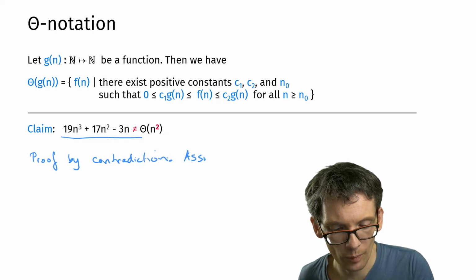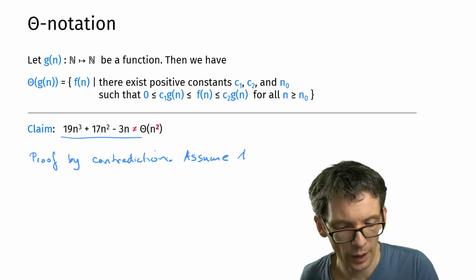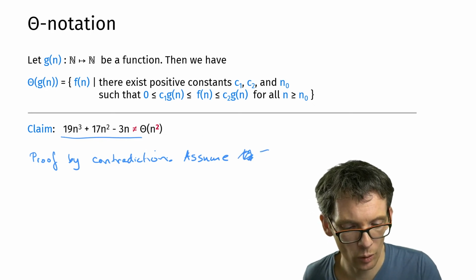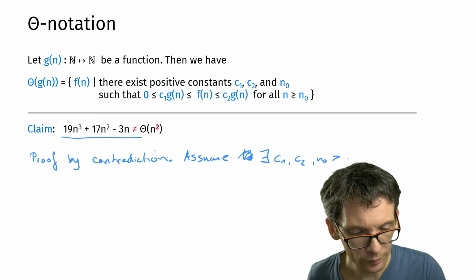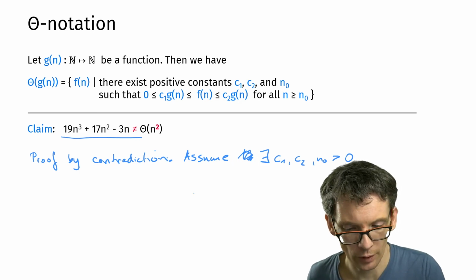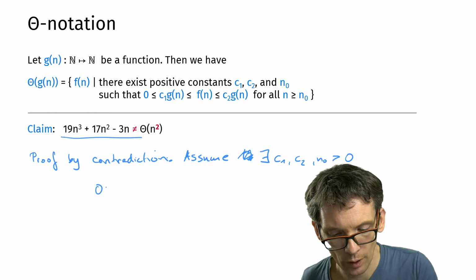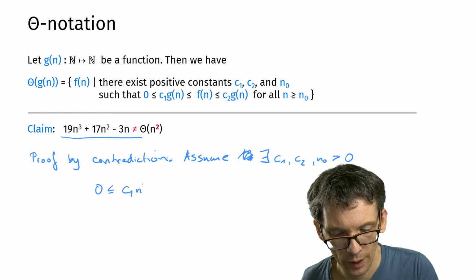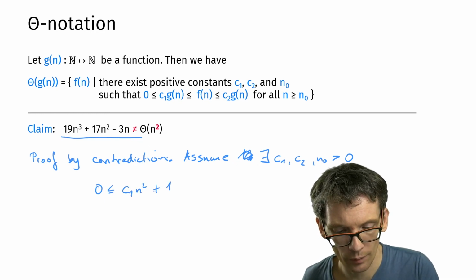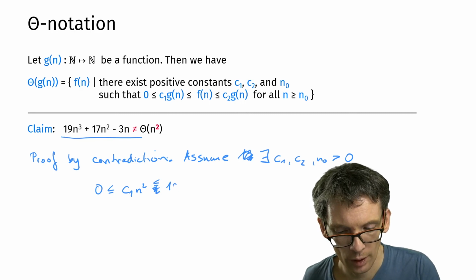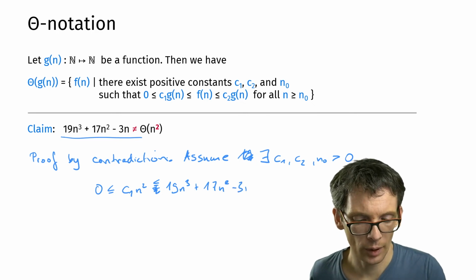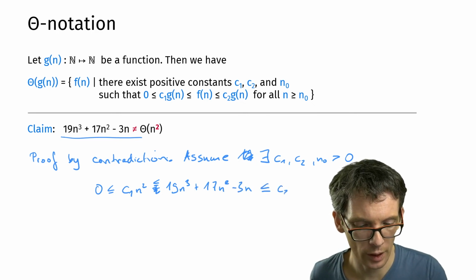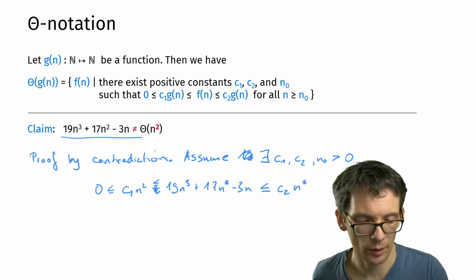We assume that there are C1, C2, N0 larger than 0, such that 0 is smaller or equal C1 n squared, which is smaller or equal 19n cubed plus 17n squared minus 3n, which is smaller or equal C2 n squared.